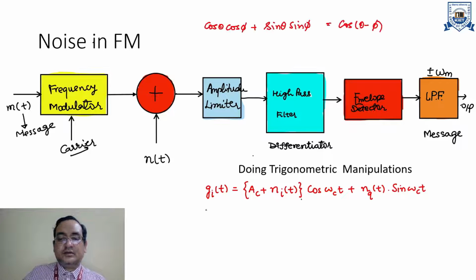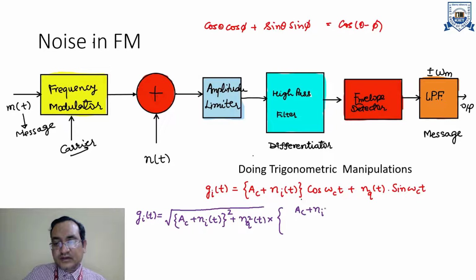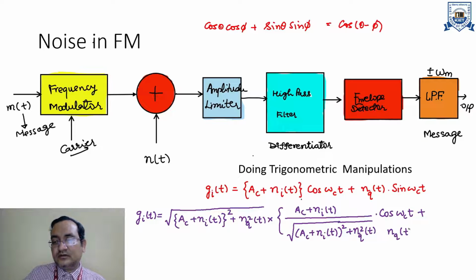Now I'm applying the trigonometric identities. Now g(t) may be written as the square root of (Ac plus n_i(t)) whole square plus n_q square(t), into (Ac plus n_i(t)) divided by the same term, square root of (Ac plus n_i(t)) whole square plus n_q square(t), into cos of omega_c t, plus n_q(t) divided by the square root of (Ac plus n_i(t)) whole square plus n_q square(t), into sine of omega_c t.